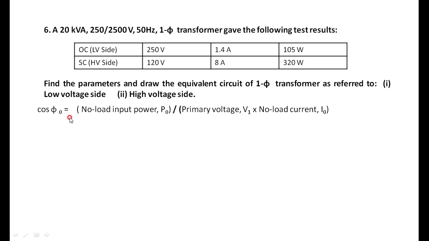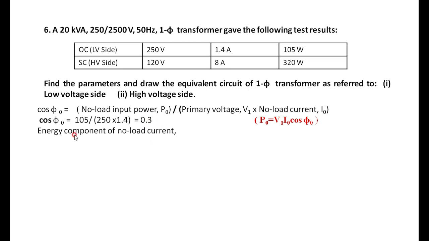Therefore, cos phi naught is the no load power divided by the primary voltage multiplied by the no load current. From that I am calculating cos phi naught, and I am getting 0.3. Then the energy component of no load current, since we are interested in finding R naught and X naught.